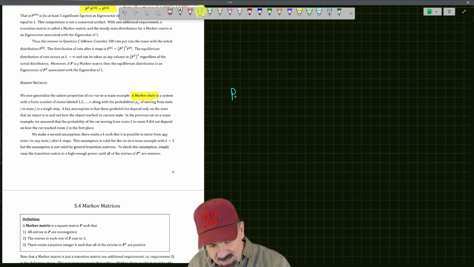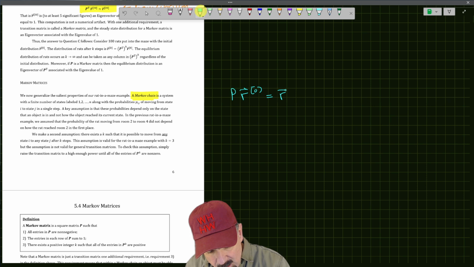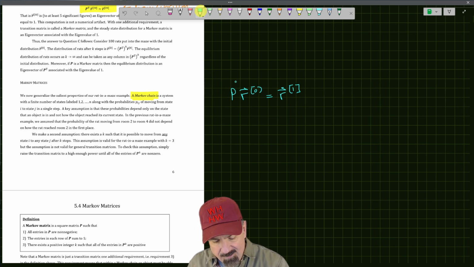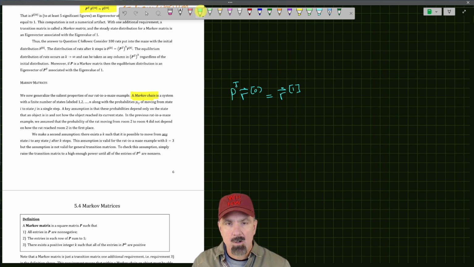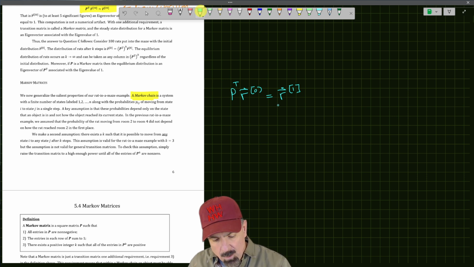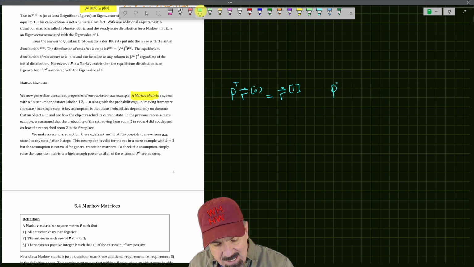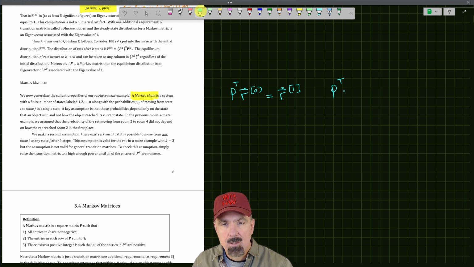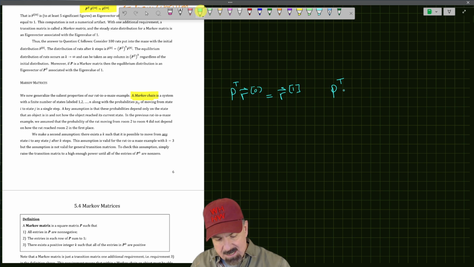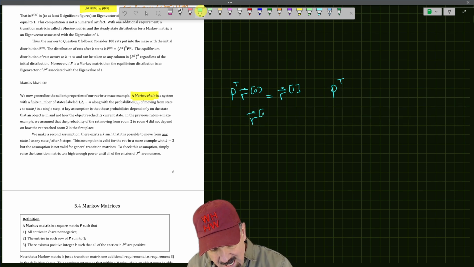So after one step, we would take our initial distribution and we would get the distribution after 1. This is, of course, p transpose. And then for the next step, we would apply p transpose again. And so we have this chain, which is giving us the state after 1 step and then the state after 2 steps.